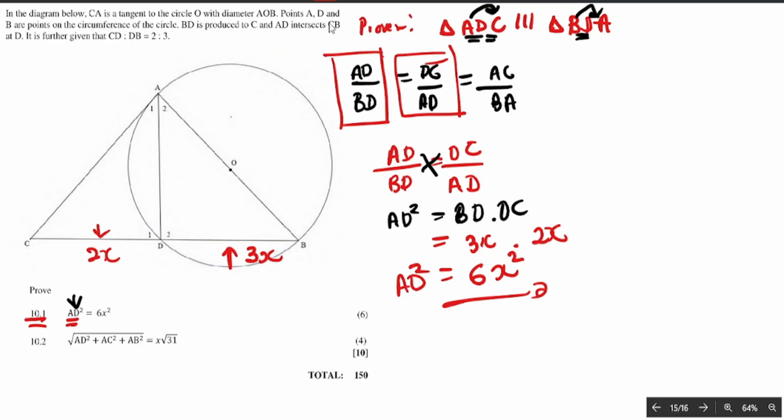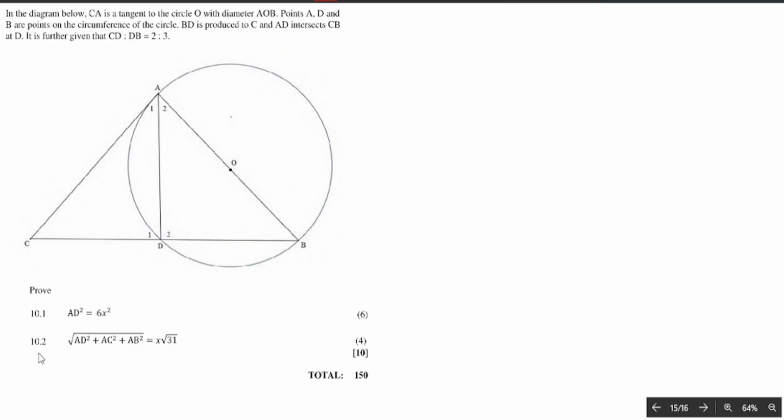And then now we move on to the last question, where we are asked to prove whatever is happening here. For us to prove this, I want you to take note that there's AD squared, which is actually this. So you can simply say AD squared is equal to 6x squared. So this was proven.